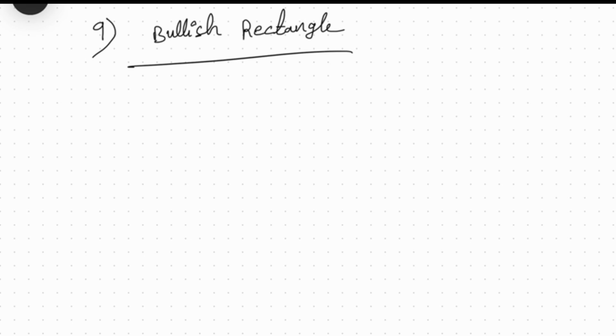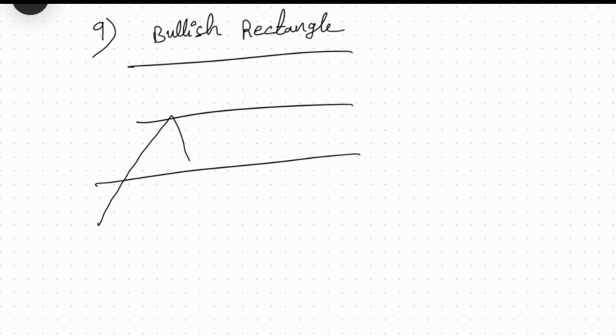It is a bullish rectangle. Okay, this is also frequently seen in the charts when you are trading, guys. This is very simple. The market comes like this, and it forms like this.